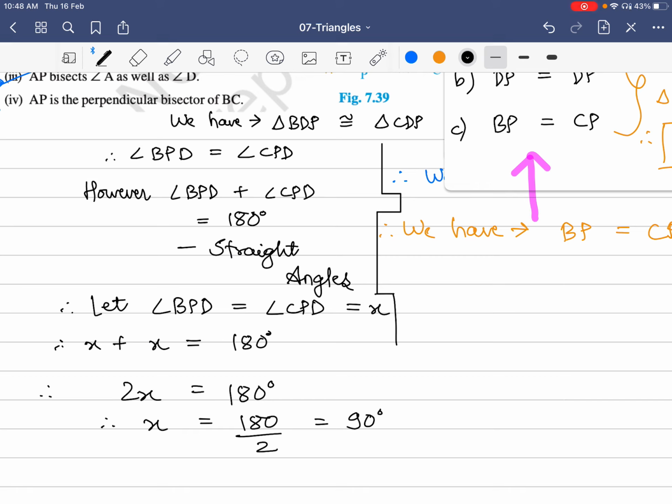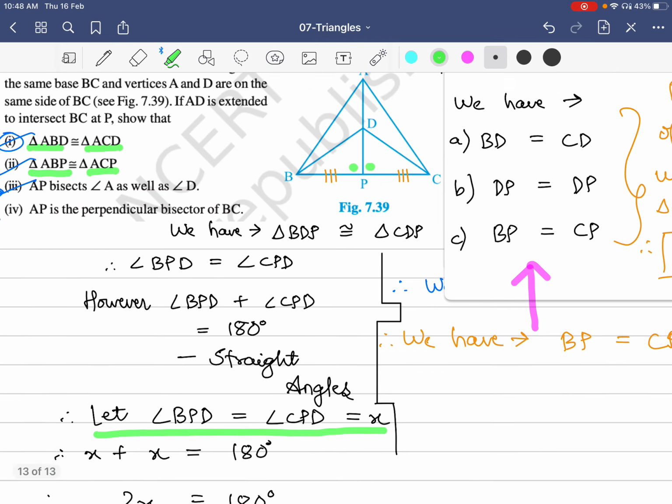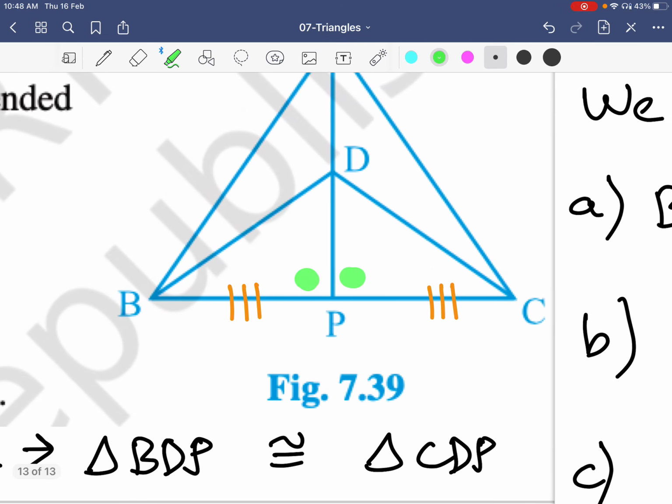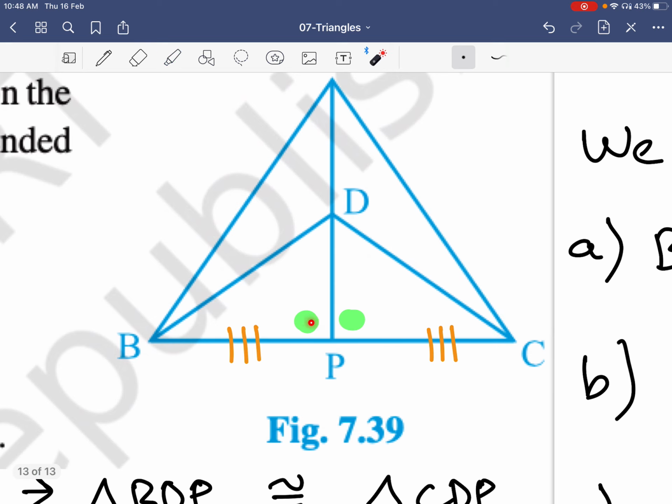Thus the measure of these angles BPD and CPD is equal to 90 degrees. So let's come here, let's zoom in. These highlighted angles are in fact equal to 90 degrees. I'm going to make a note of it. This is 90 degrees and this is also 90 degrees.